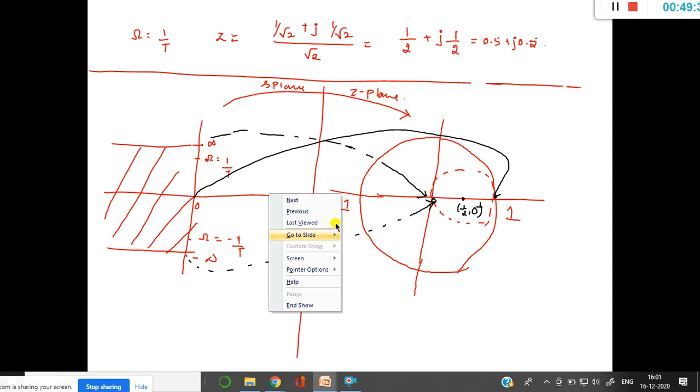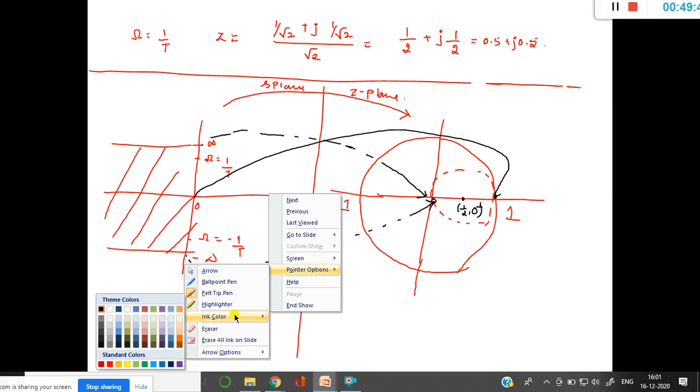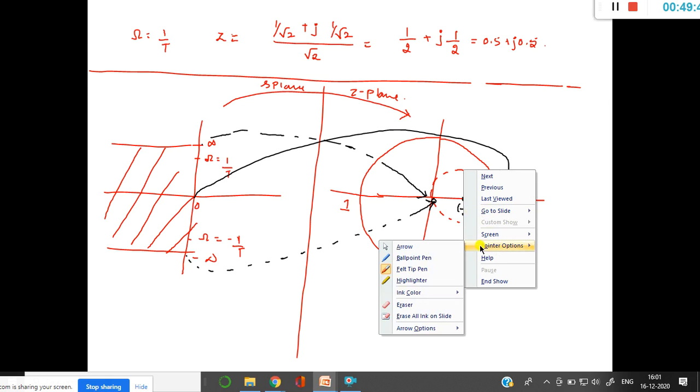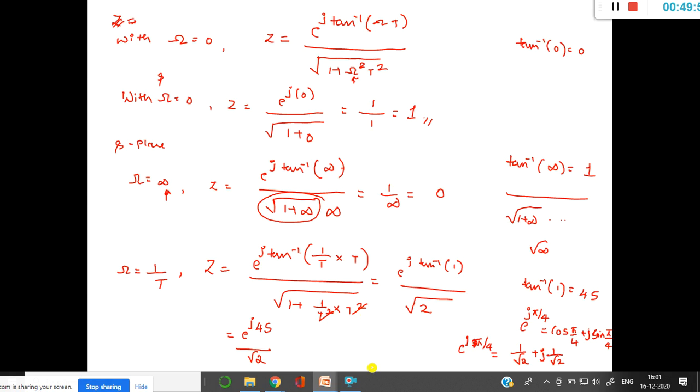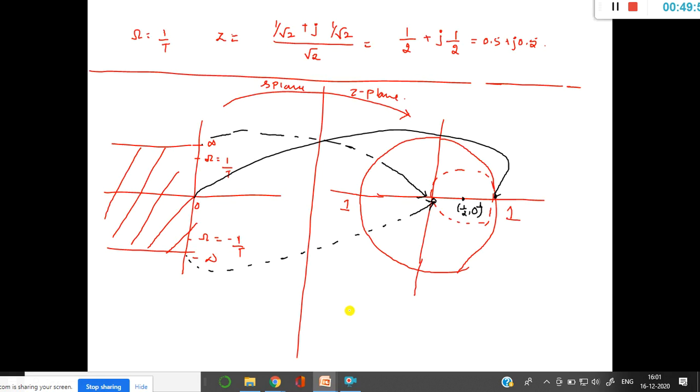Let me take another color. Now look at this 1 by t. What is the value of 1 by t? That is half and half. Somewhere else here I am going to get 0.5 plus j times 0.5, right?